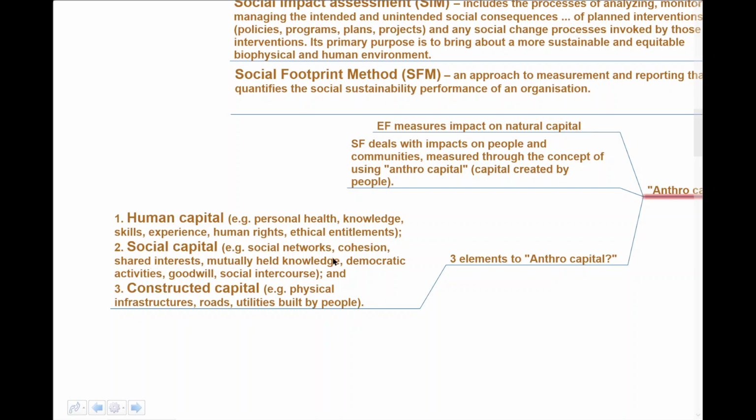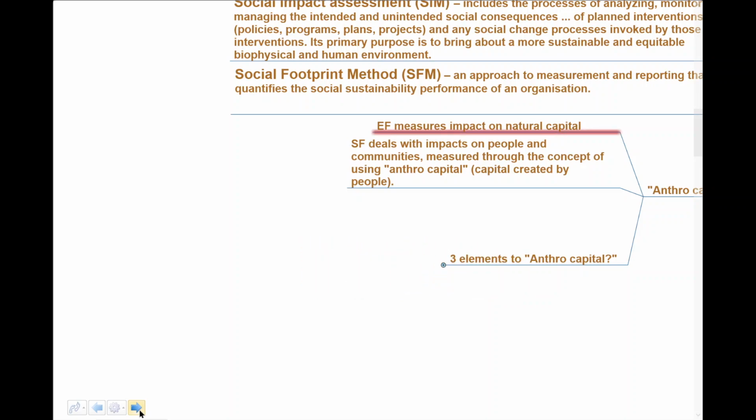So we're talking about networks, shared interests, activities, social intercourse, etc. Okay, and the third area is constructed capital. So we're talking about buildings, physical infrastructures, roads, utilities, etc. So you can see that there certainly is a difference between EF and SF quite clearly.